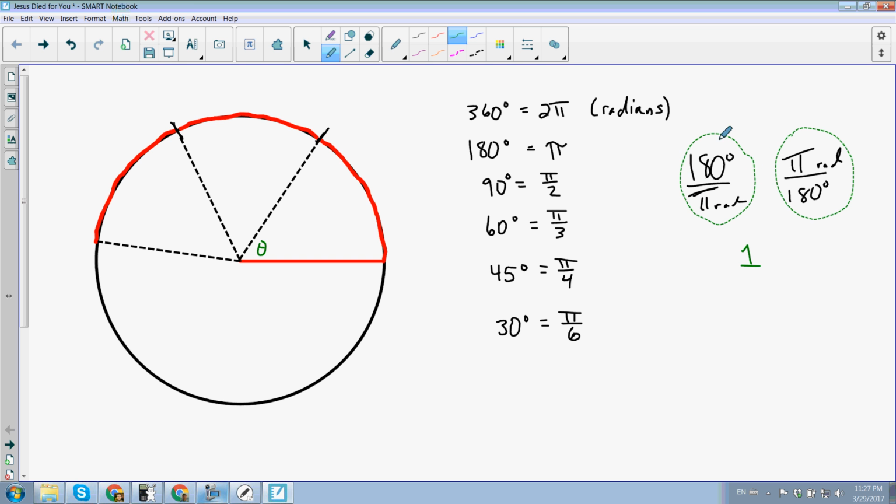When you multiply by 1, you're not changing the value of the number, you might just be changing the units, and you'd be changing radians into degrees. If you want to change degrees into radians, you would use this conversion factor over here. Just multiply by this version of the number 1. And the degrees units would cancel out, and you'll be left with radians.